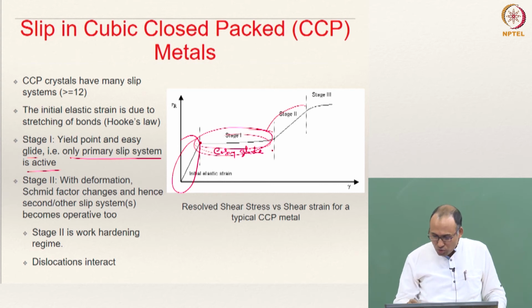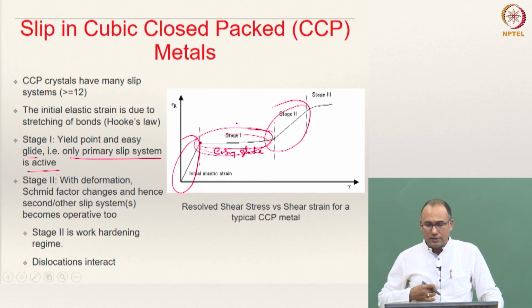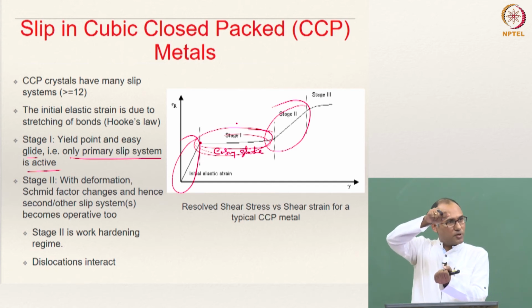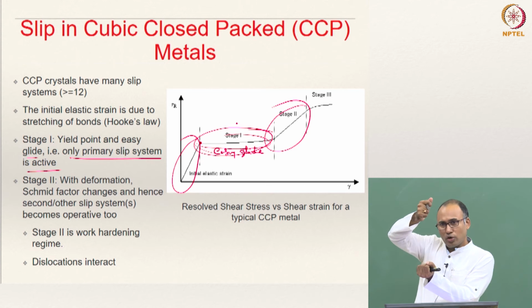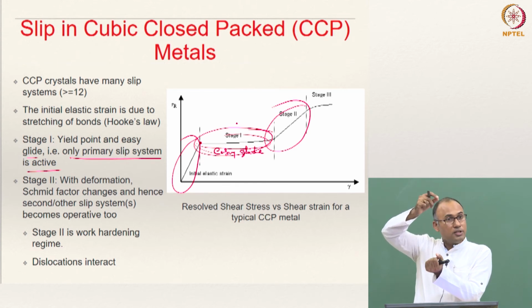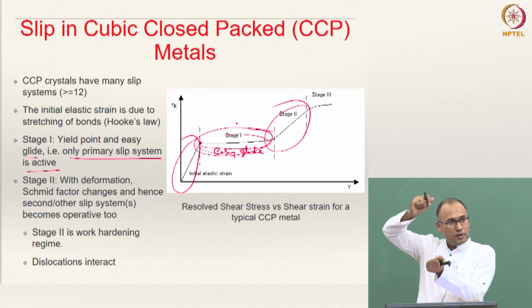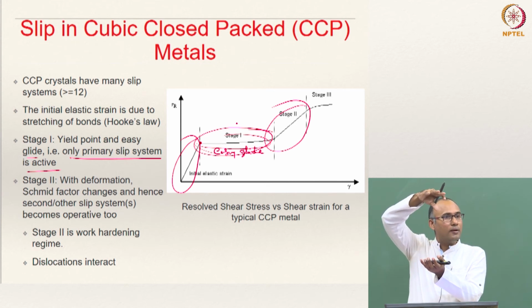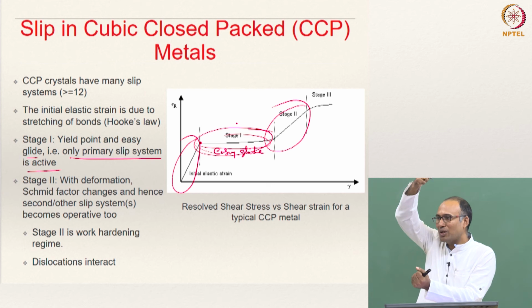And stage 2 is interesting. So when you are loading the system and causing plastic deformation, there is going to be some permanent deformation. As a result, you are actually changing the orientation of the crystal planes with respect to the loading direction, right?